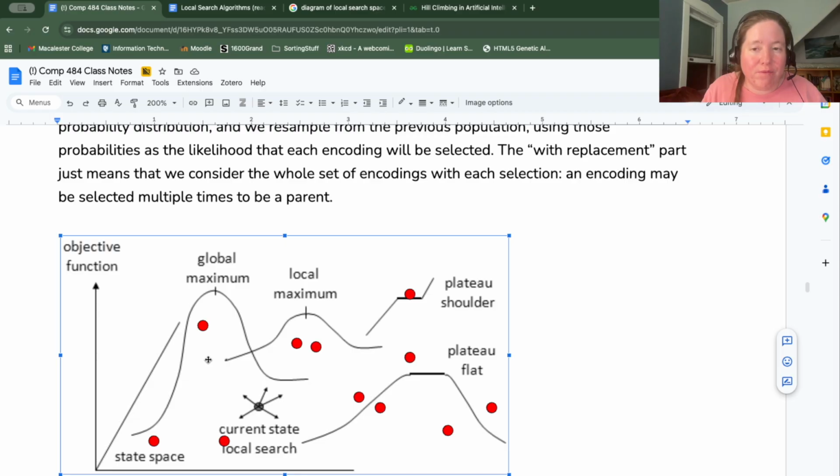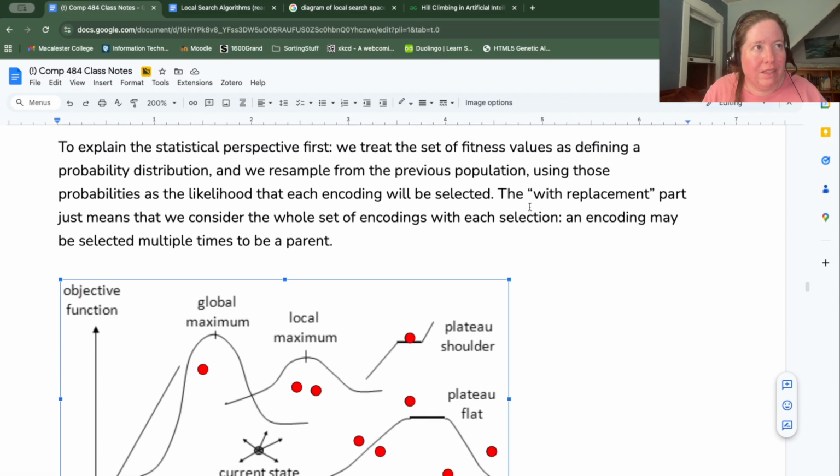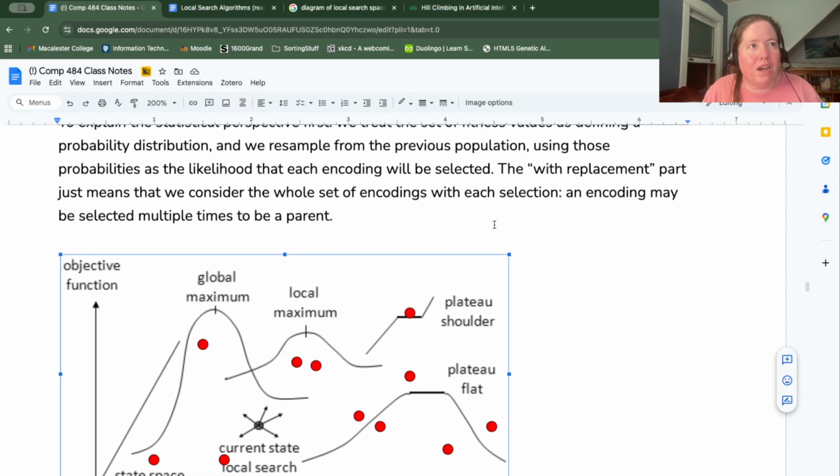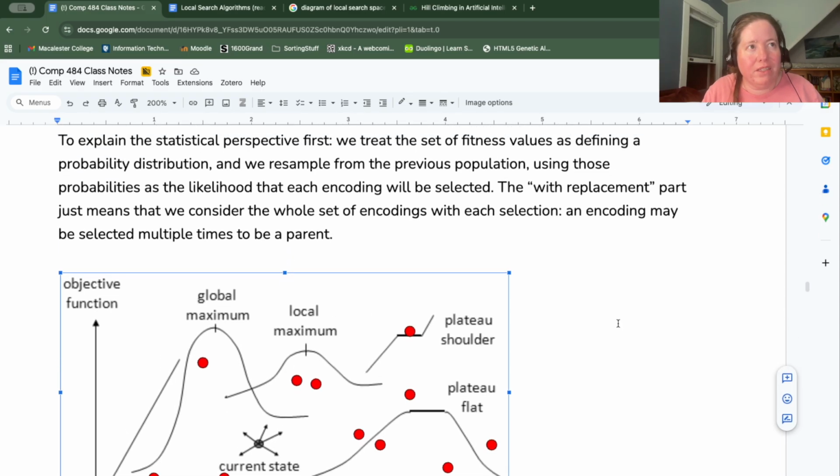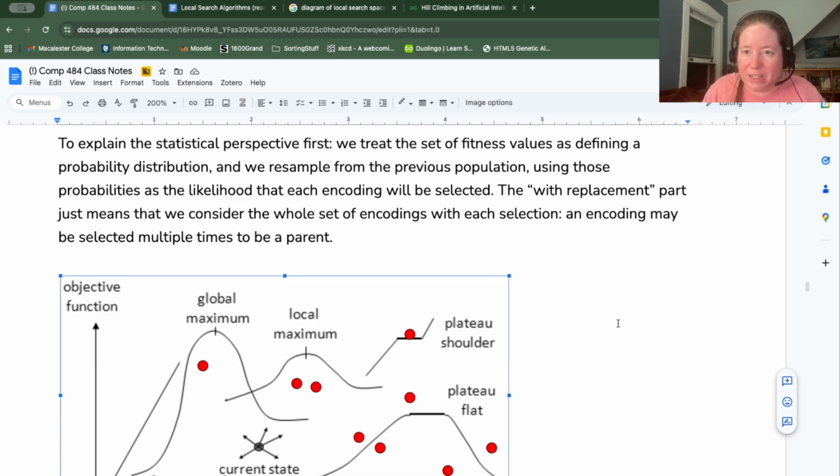So we treat the objective function as a probability distribution, and we're sampling values at different points. Using the probabilities of the points that we've actually calculated lets us estimate the objective function, right?